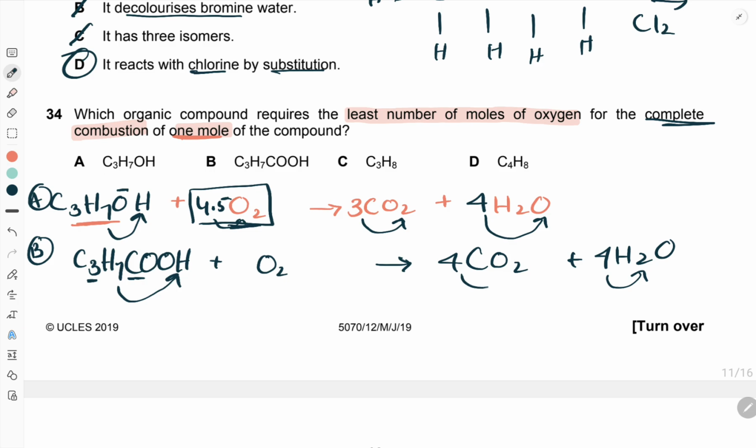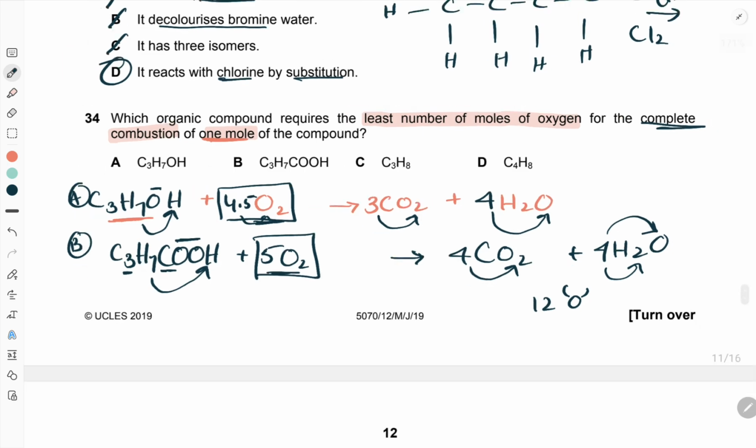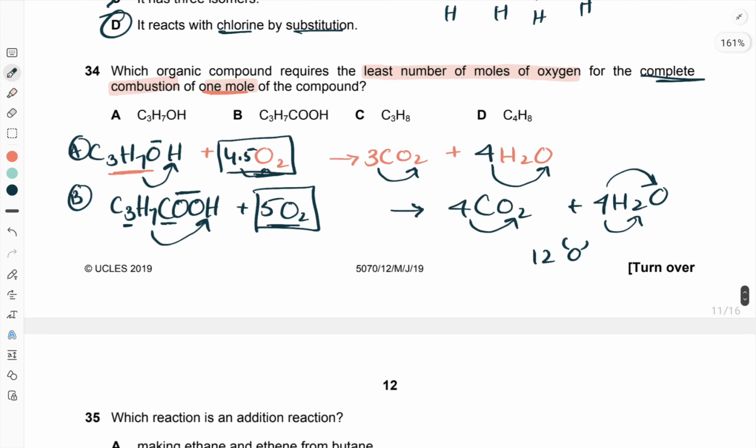We have 8 oxygen with CO2 and 4 oxygen with water, so 12 oxygens on the right, and we have 4 on the left. So to make it 12, I need to write 5 with this, so this will be 10 and 2 with this butanoic acid. So this needs 5 moles of oxygen, which means the least number is, as for now, needed for A. Let's balance the third one.